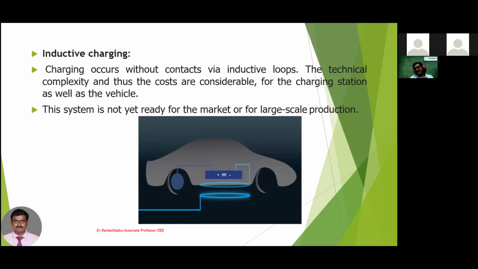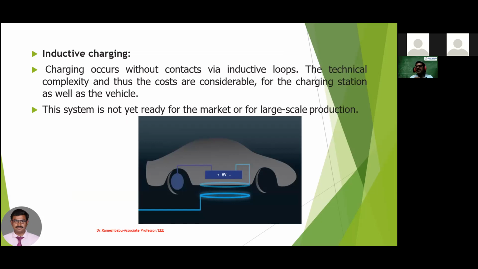Next, inductive charging. It works on the transformer principle, the mutual induction principle. There will be a sending coil and a receiving coil. Power is transmitted by the sending coil, and with the help of the induction principle, it is induced in the receiving coil available in the vehicle. It's AC, because the induction principle is applicable only for AC.